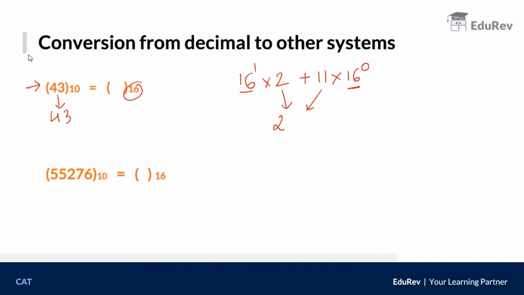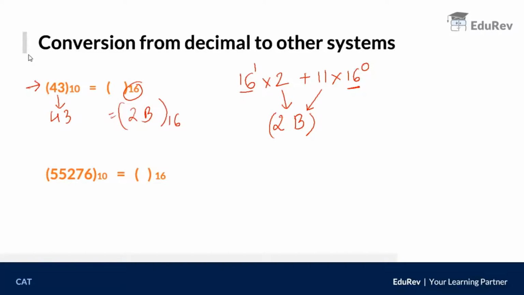As we have seen in the hexadecimal system, number 11 is nothing but B. Look, 0 to 9 we use the numbers, then A stands for 10, B stands for 11, C stands for 12 and so on. So this becomes 2B. So 43 to the base 10 is the same as 2B to the base 16.